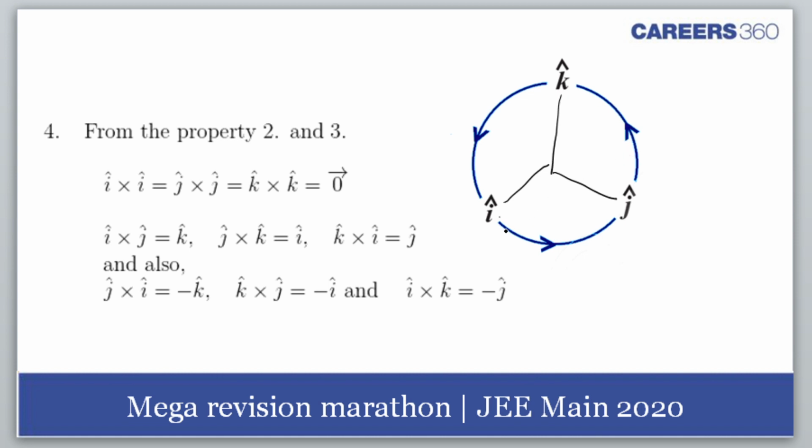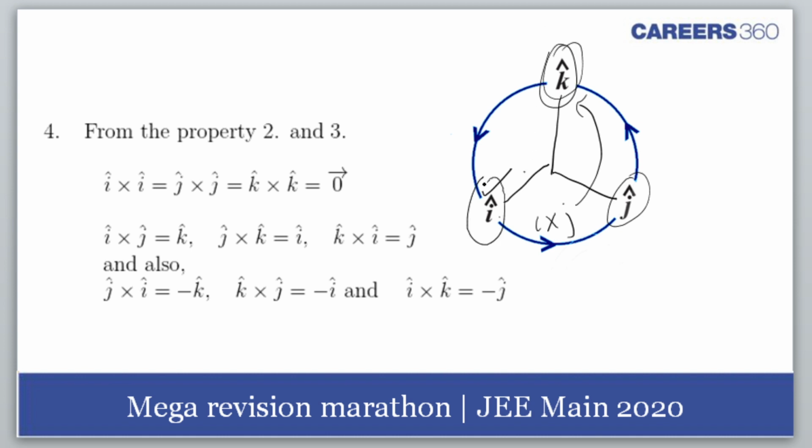So i cross j, when you go along the clockwise cycle, the answer would be k. But if j cross k, if you go along the anti-clockwise way, you get the answer. j cross k will give you i cap.